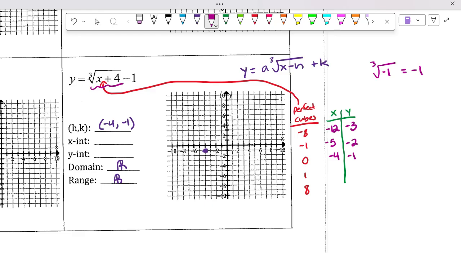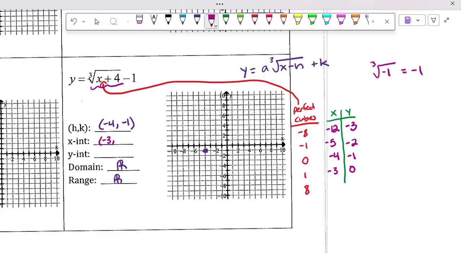What could I plug in for x that would give me 1 under the radical? Negative 3. All right. Cube root of 1 is 1. What's 1 minus 1? 0. And lo and behold, that's actually an x-intercept.